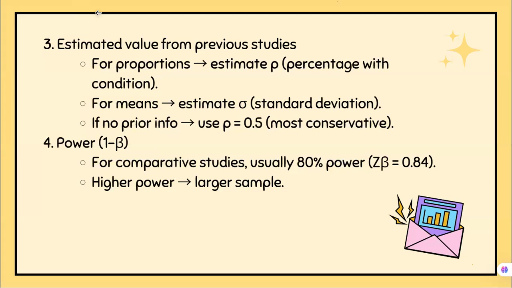And if no prior information is given, if no existing research or literature review is given, in that case we use the P value as 0.5 because it's more conservative. It gives the larger sample size and it's more accurate. And more accuracy means more information is available.